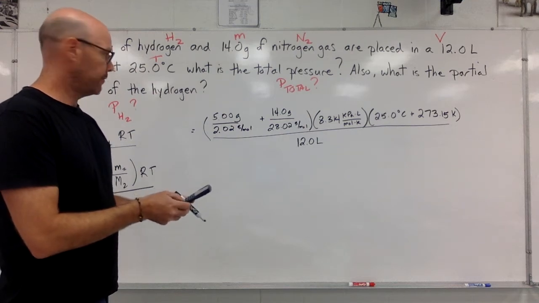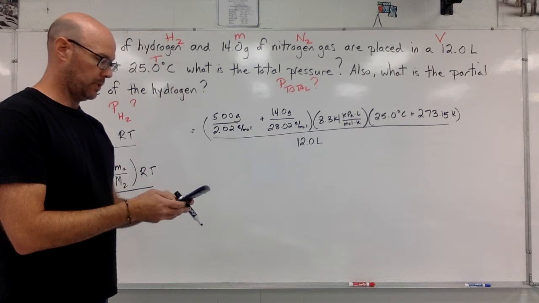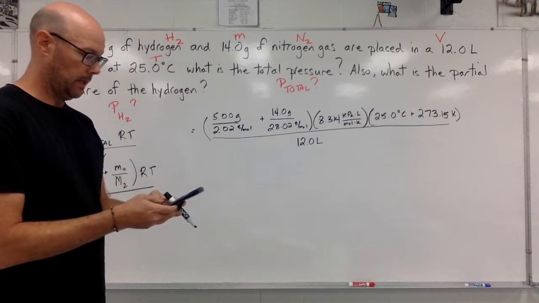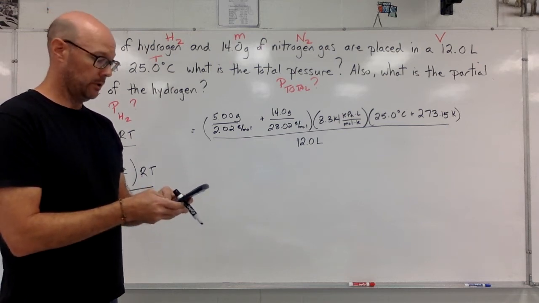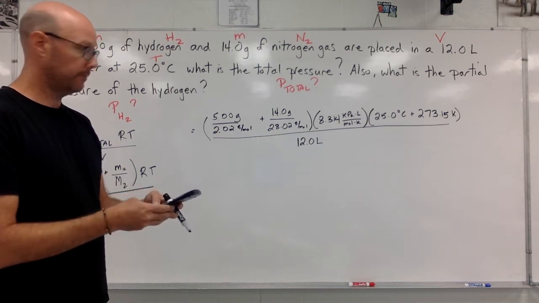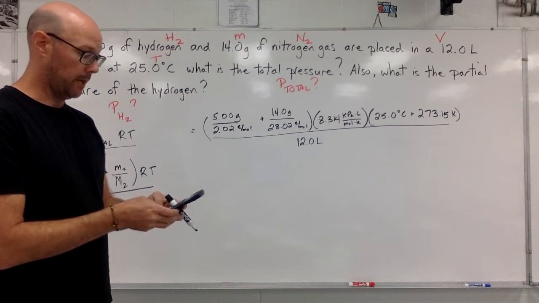We have 5 over 2.02 plus 14 over 28.02 times 8.314 times 25 plus 273.15 divided by 12.